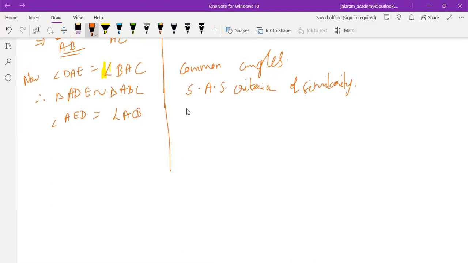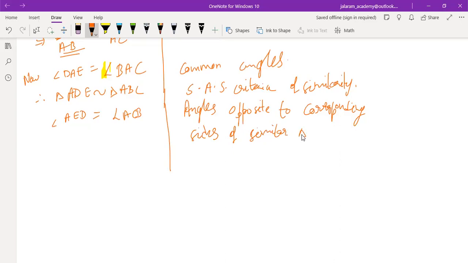We write the reason: angles opposite to corresponding sides of similar triangles are equal. Angles are equal and sides are proportional.